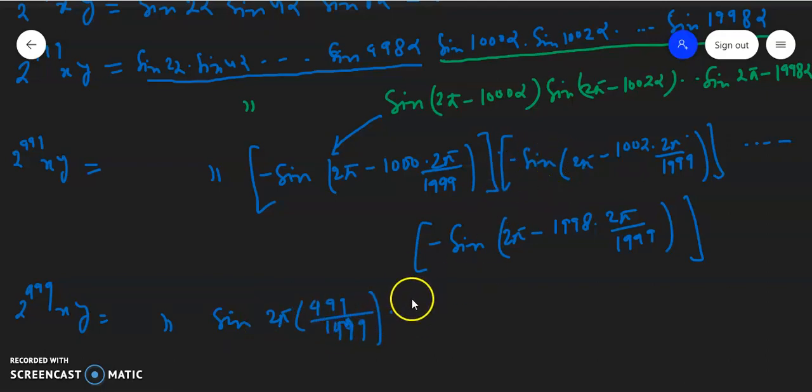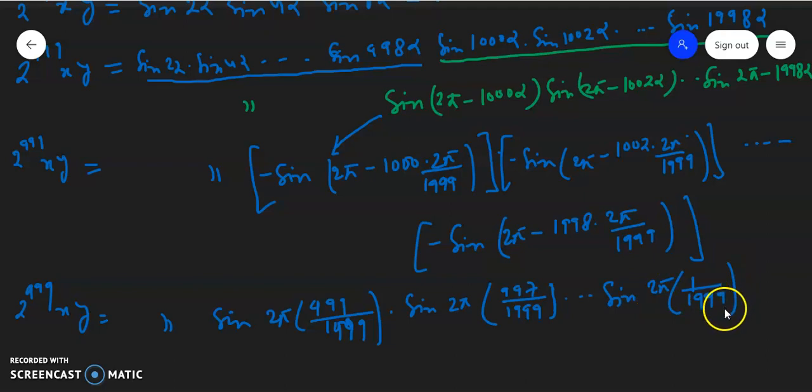In the same way, taking 2 pi common, this becomes sine of 2 pi times 1 minus 1002 by 1999, which is 997 by 1999, and so on, up to the last term, 1 minus 1998 by 1999, which becomes 1 by 1999, which is 2 pi by 1999, which is alpha.